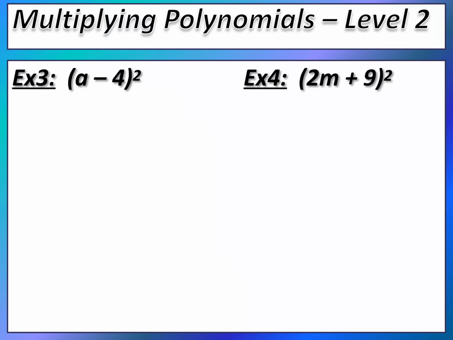Now, FOIL problems can be expressed in a different form. A minus 4 to the second power is not the exponent rule of power to a power, because this is not a monomial, and we know we can only apply exponent rules to monomials.